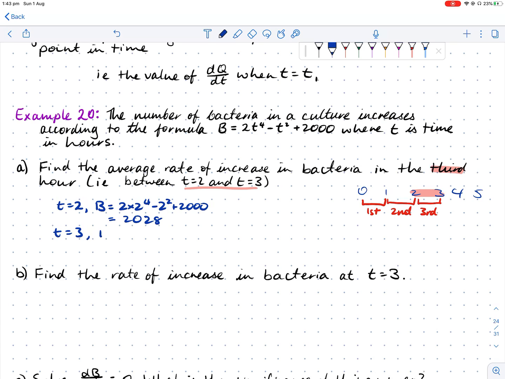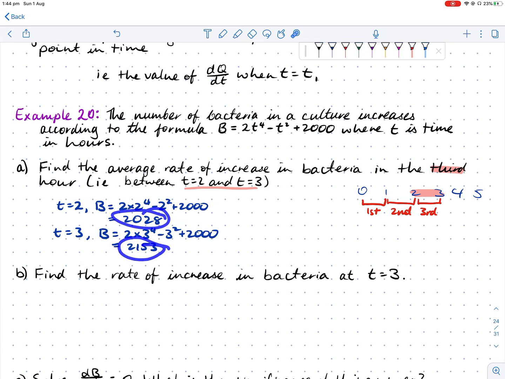When time is 3, we're going to work out the bacteria at that time. So it's 2 times 3 to the power of 4 minus 3 squared plus 2000, that's 2153. So we've worked out the rise values.